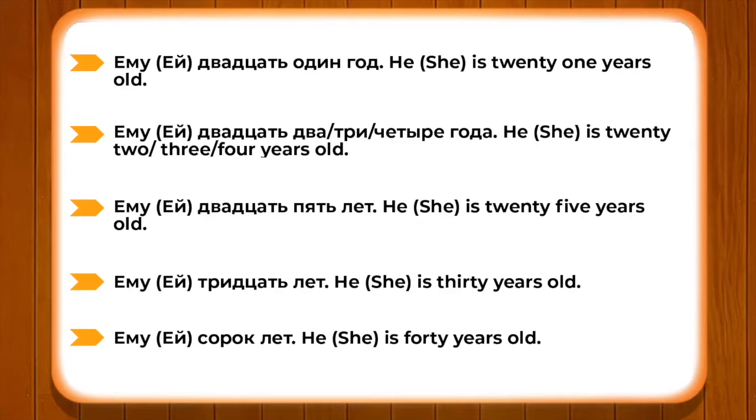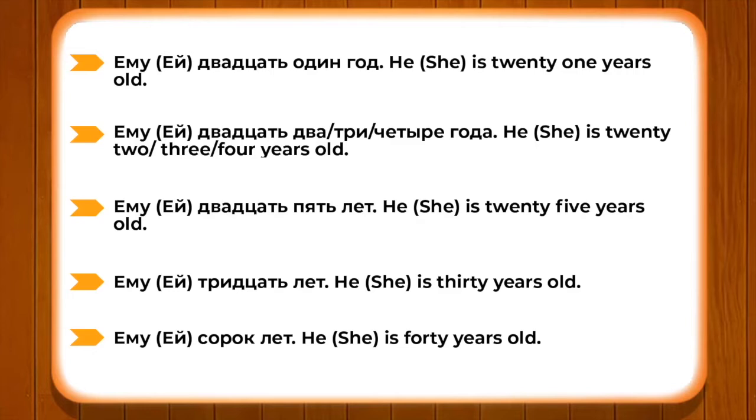Я means I, ты means you singular, он, она means he or she, мы means we, вы means you plural, and они means they. So, we have писать. Писать means to write. So, please pay attention while I conjugate it for you. Я пишу, ты пишешь, он, она пишет, мы пишем, вы пишете, and они пишут.